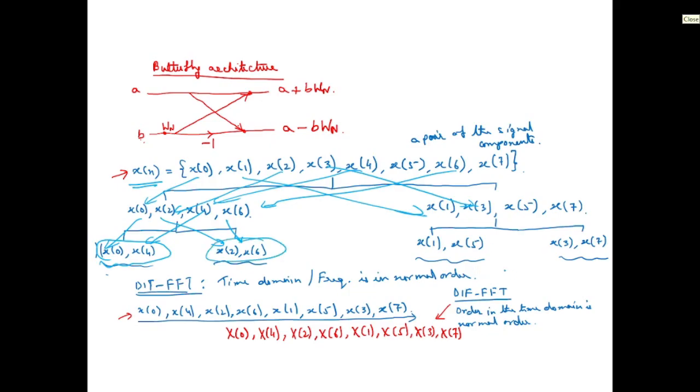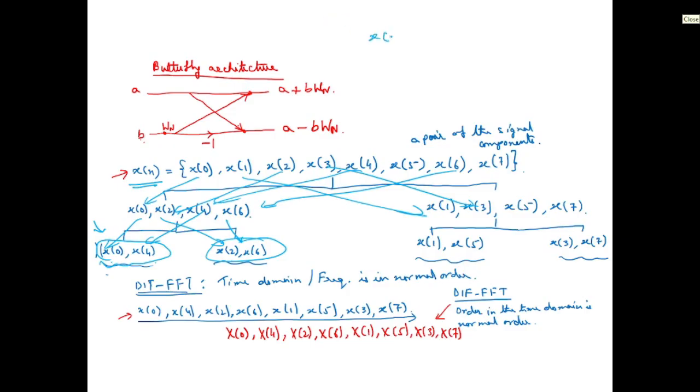Once we achieve that, this series x0, x4, x2, x6, x1, x5, x3, x7 becomes the input sequence for the FFT algorithm.